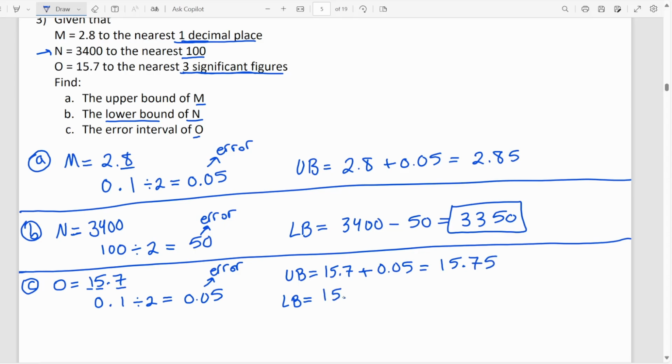And the lower bound is 15.7 minus 0.05, which gives us 15.65. And so my error interval for O is basically greater than or equal to 15.65, and it's less than 15.75.